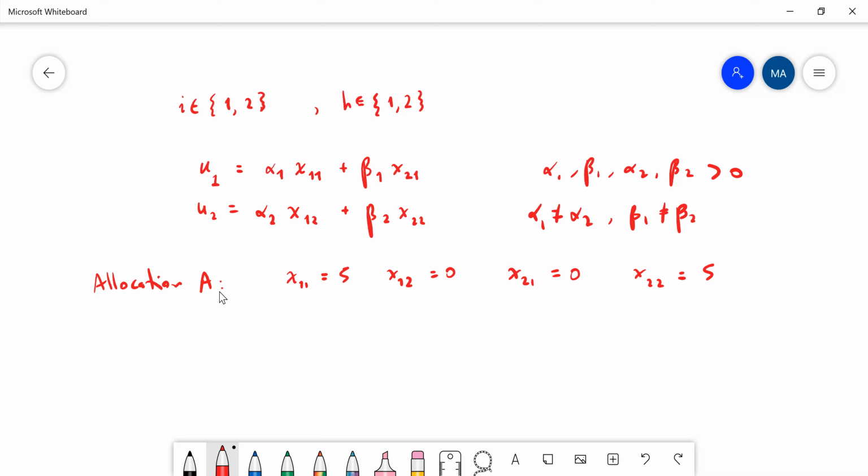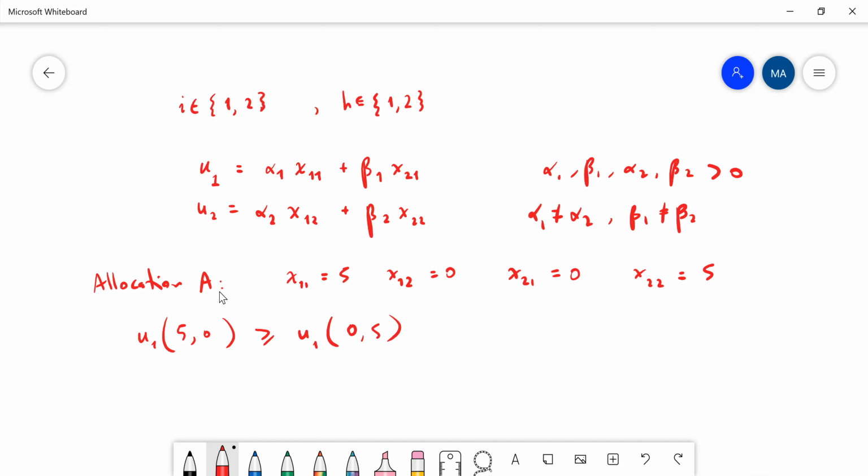So in this model, the situation is a bit different, right? For envy freeness, we require what? We require U1 of (5, 0) will be greater than U1 of (0, 5), right?